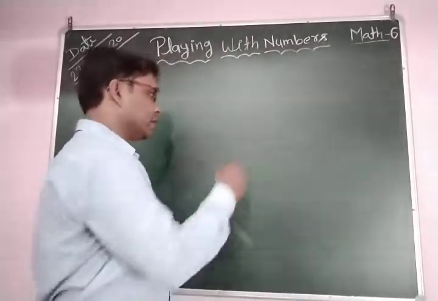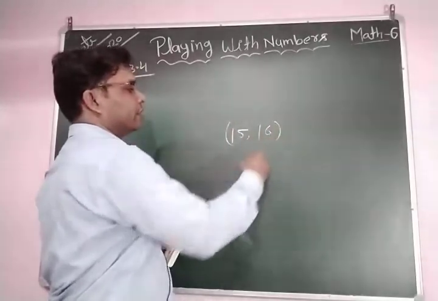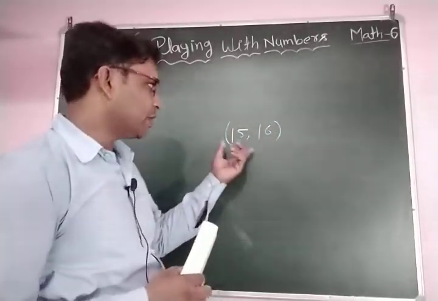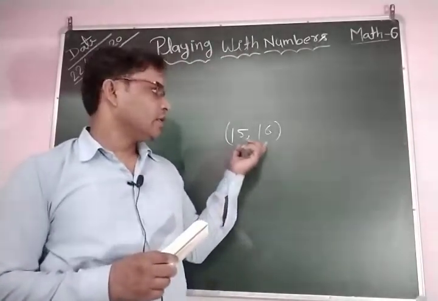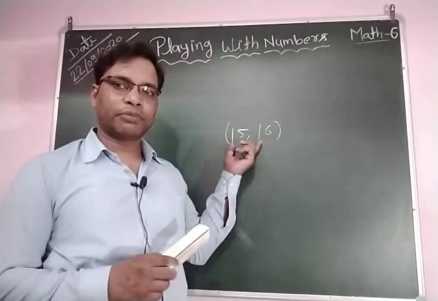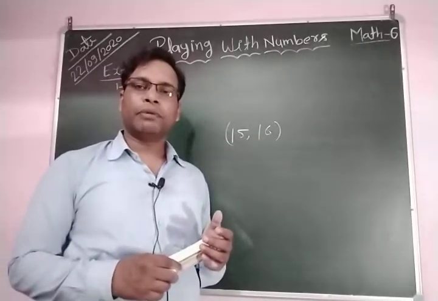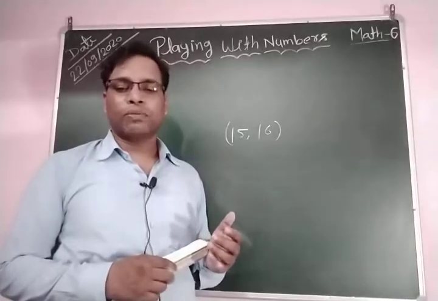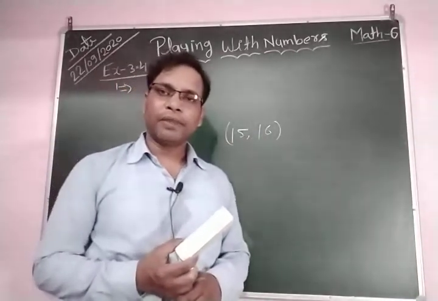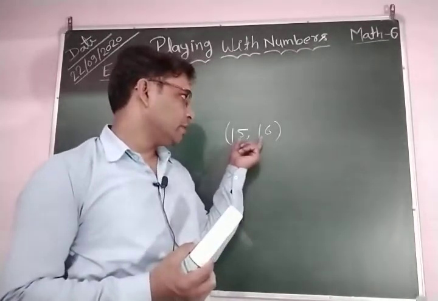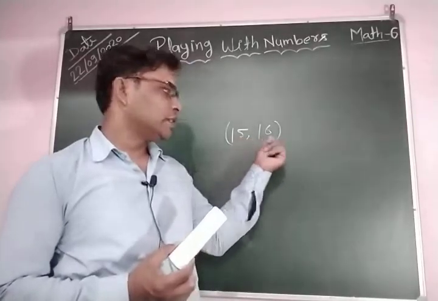Here if you take 15 and 16, this is a pair of numbers in which there is no common factor between them except one. A pair of numbers in which there is no common factor between them is called co-prime numbers. So you can see here 15 and 16 are a pair of numbers, and between them there is no common factor. So these are co-prime numbers.